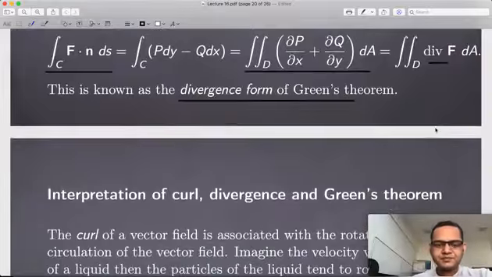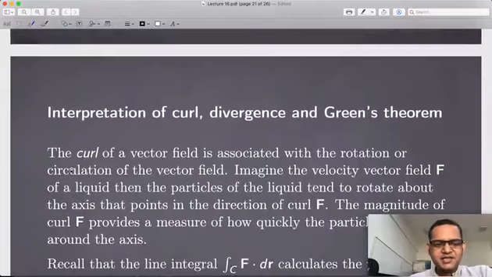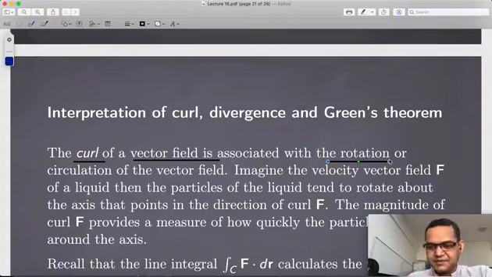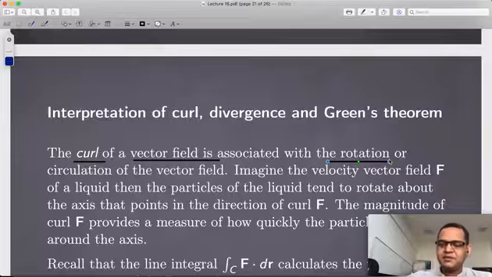Okay, so the idea of curl for a vector field is related to the rotation or circulation of the given field. So you have to think of some liquid flowing, on the plane first of all.